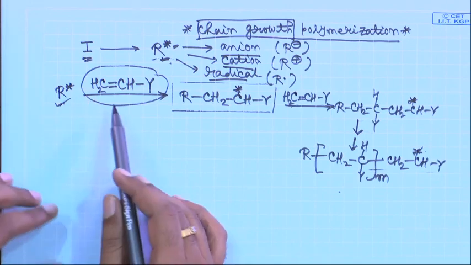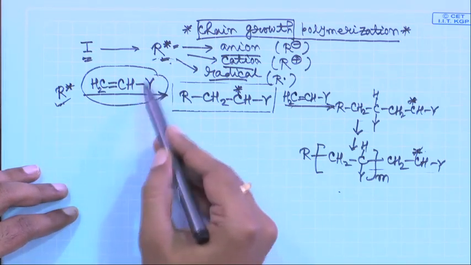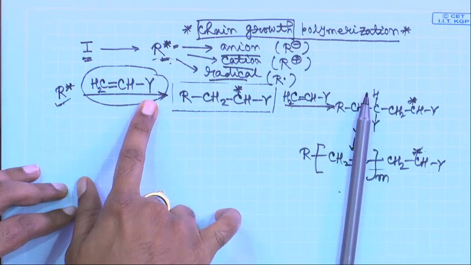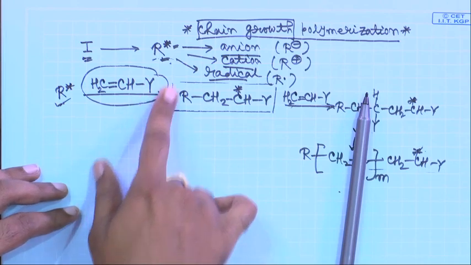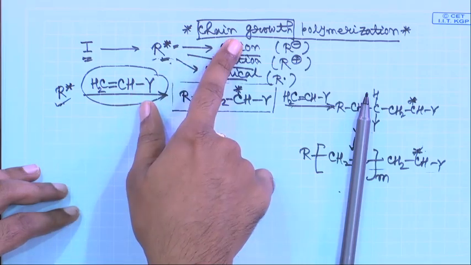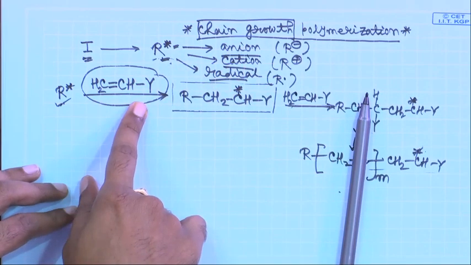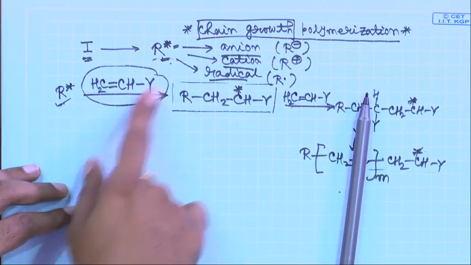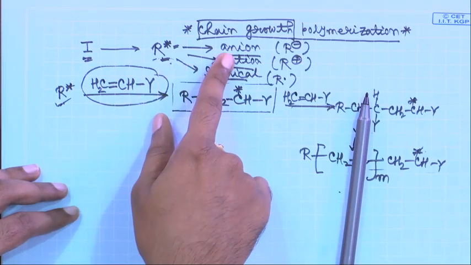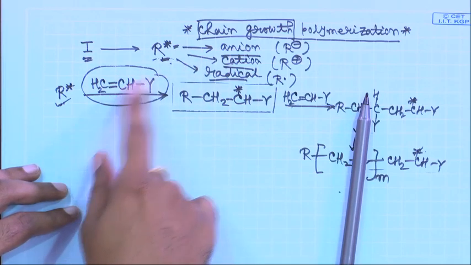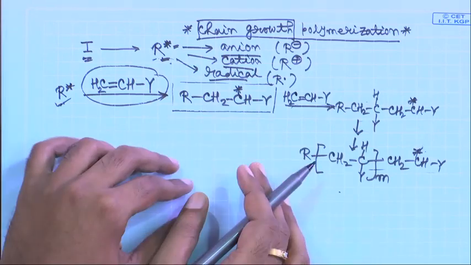Depending on this Y, Y will dictate whether this monomer will be selective to an anionic polymerization or cationic polymerization. Typically radical polymerizations you can do with many of these monomers, but it might be selective to either one of them. For some of the monomers you cannot do cationic polymerization, for some you cannot do anionic polymerization. So, a typical example would be something like this.